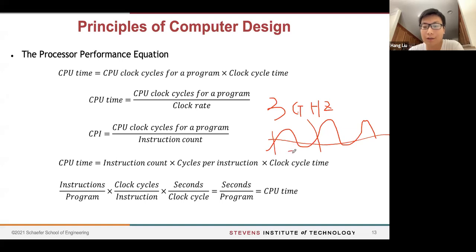You have 3 billion, or 3 giga, of such cycles per second. Then what's the time for one cycle? It's definitely 1 over 3 giga, right? Okay, so 3 giga is the clock rate, or the frequency, of the CPU.